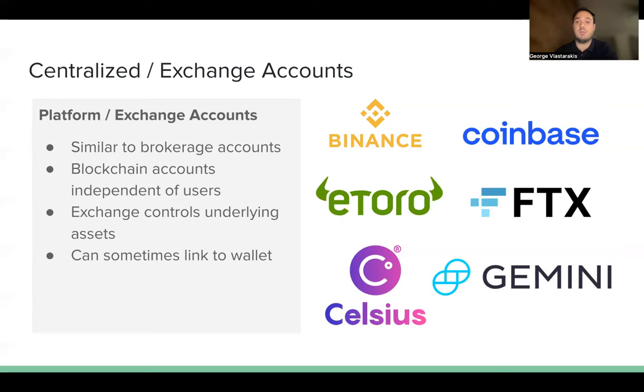However, the way that they interact with the blockchain is much more centralized, and they have their own accounts that correspond to different assets. This also enables them, in many cases, to perform transactions internally within their independent ecosystems, and in such a case, sometimes provide very low fees for crypto transactions that would usually cost much more.